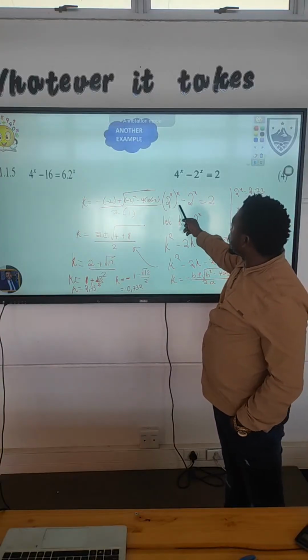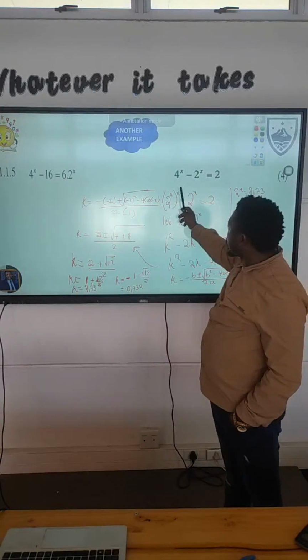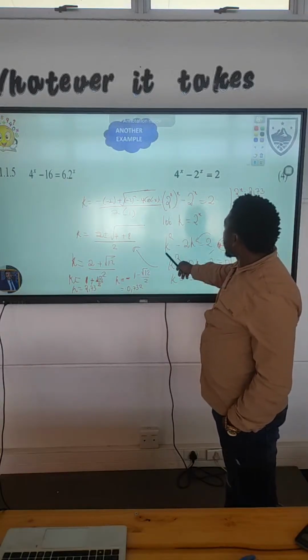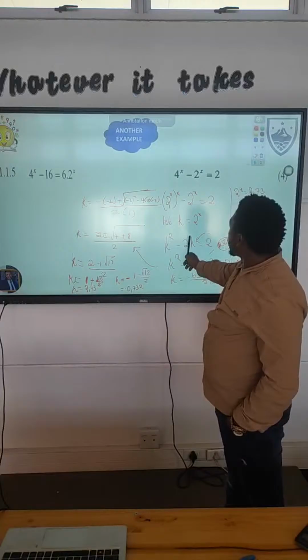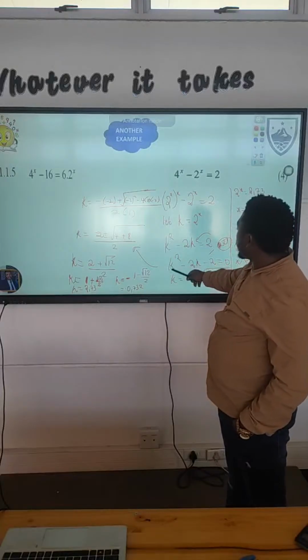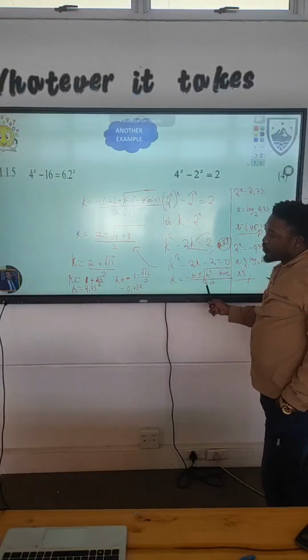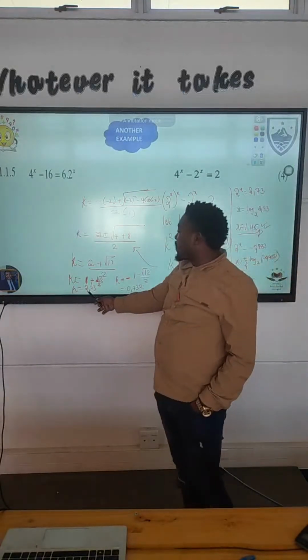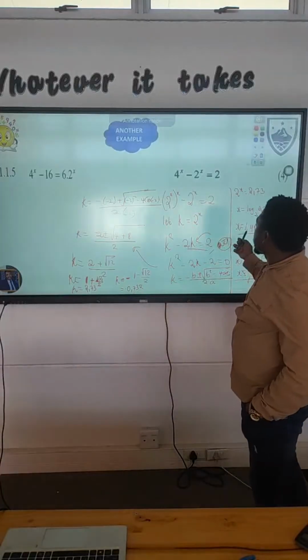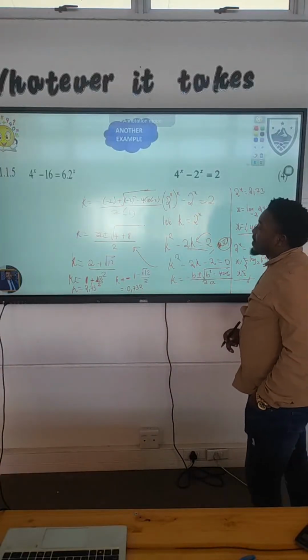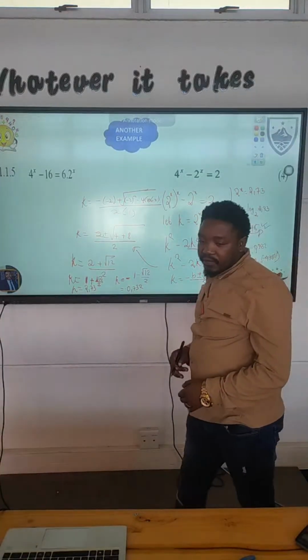Then we let k equal 2 to the power of x, so we have k squared minus 2k equals 2. Then we transpose this side. We realized we cannot factorize this. We use the quadratic formula, and it gave us 2.73. Then we use the logs, and we found that approximately our answer is 1.45.